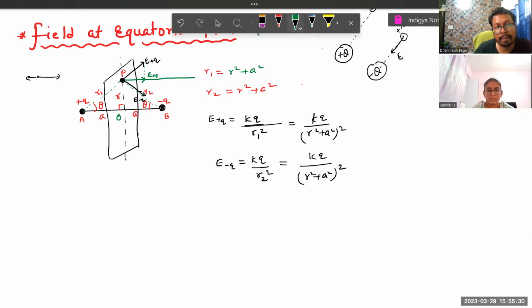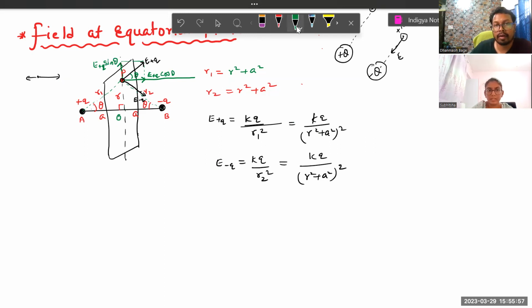E plus Q. Now if this is theta, this will also be theta. I just drew the line parallel to this, right? This theta, corresponding angle, this will also be theta. So E plus Q cos theta will be there. And if I drop the perpendicular, E plus Q sine theta. This thing is clear?